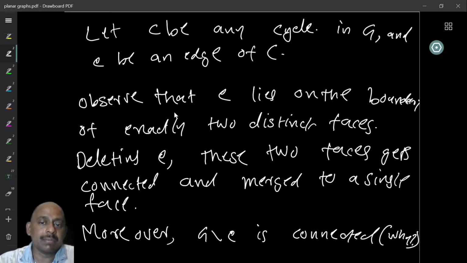Now the graph G minus E is connected, and can you tell me why? So the claim is that after removing the edge, the graph is still connected. This is not necessarily true always, but in this particular case, I claim that the graph G minus E is connected.